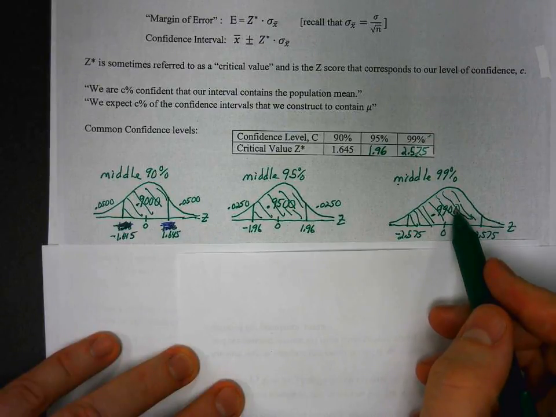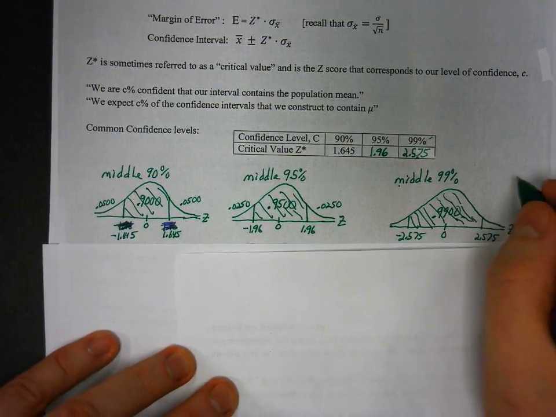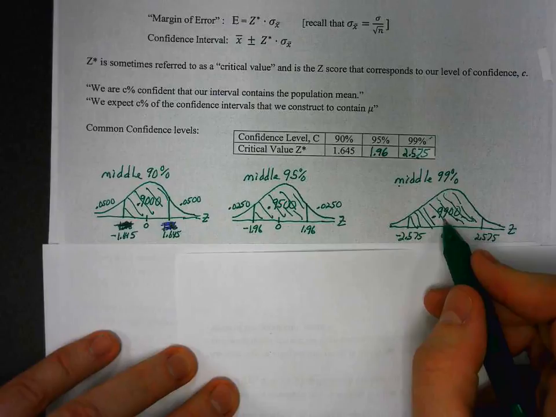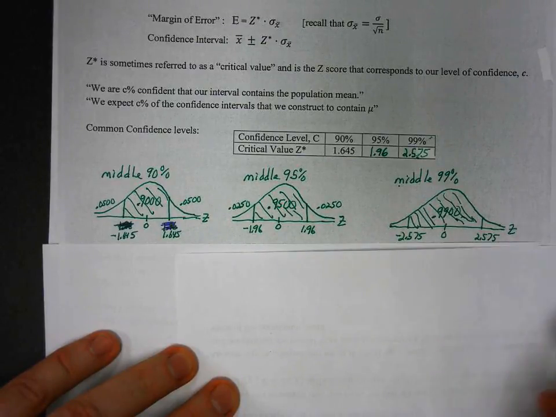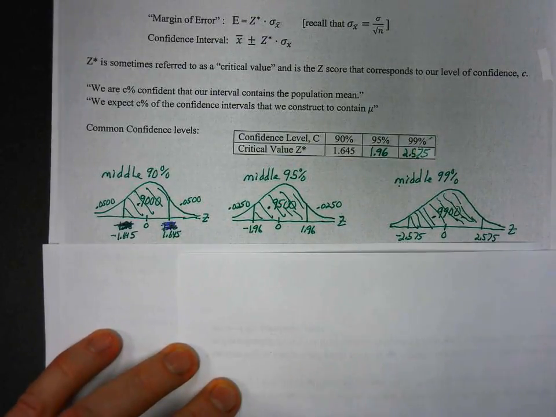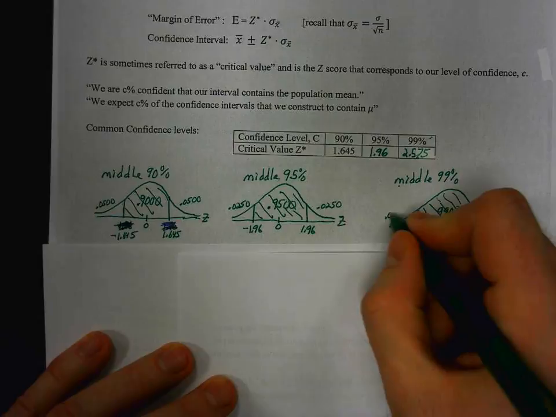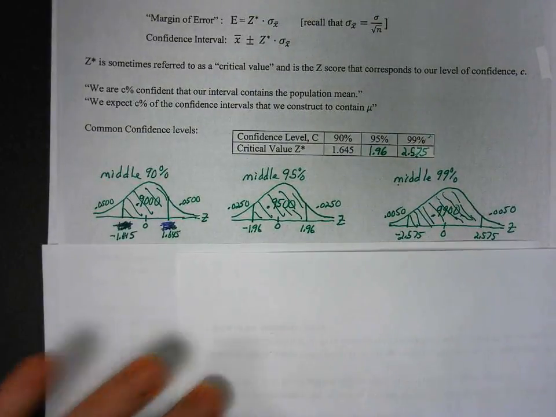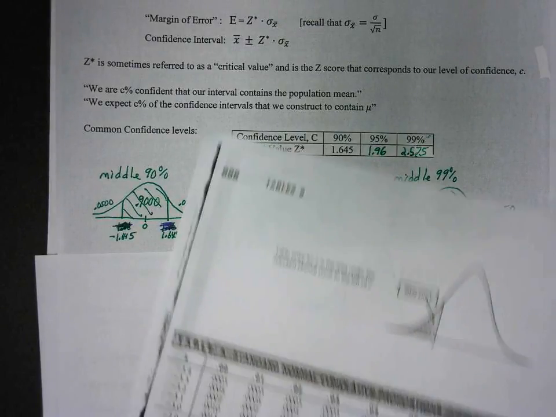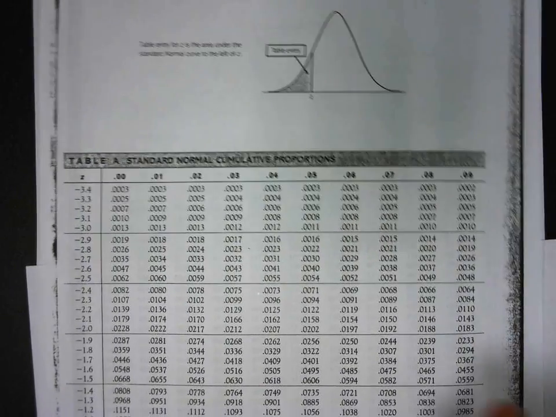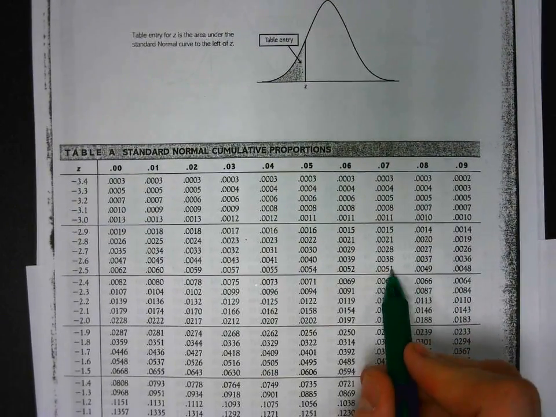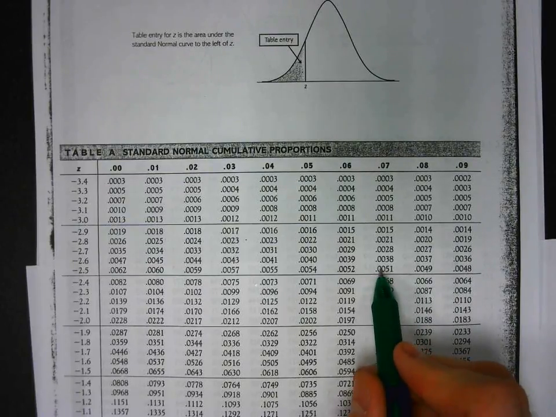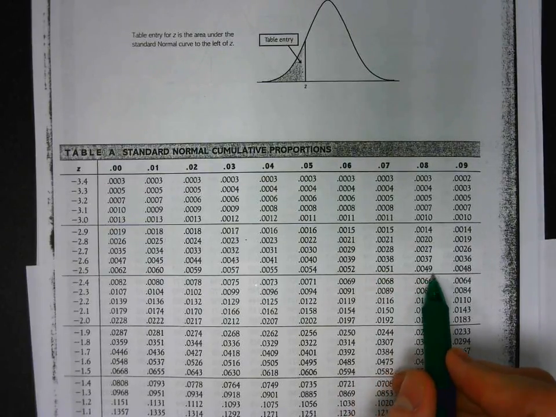For the middle 99%, that means you have 1% to split between two ends. So there you're looking up 0.005 on each end. Okay, and when you look that up, you're exactly halfway between these two values here, 0.051 and 0.049.